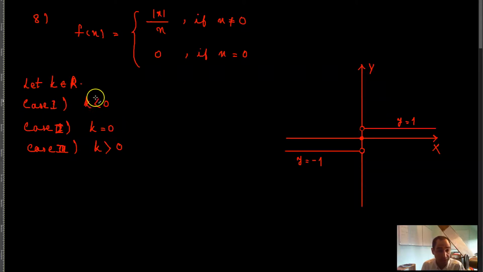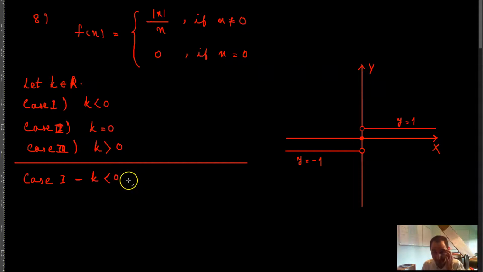Now, considering case 1, k is less than 0, we have the value of the function f of k.